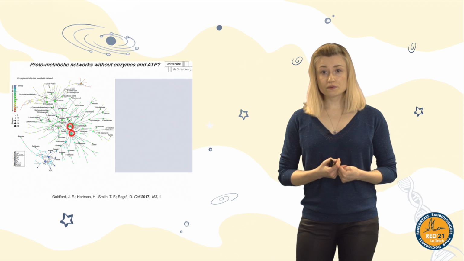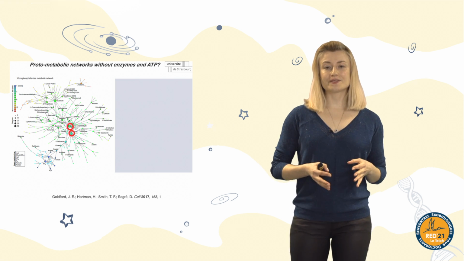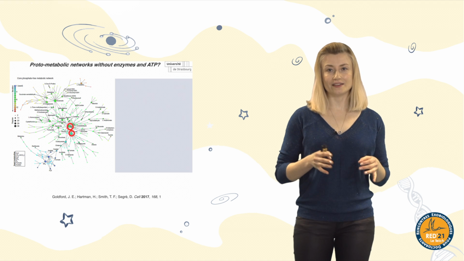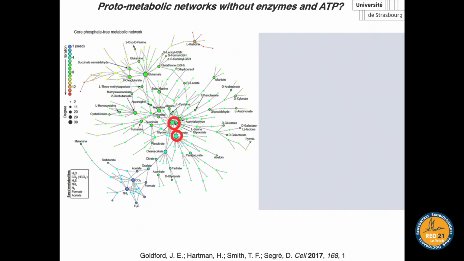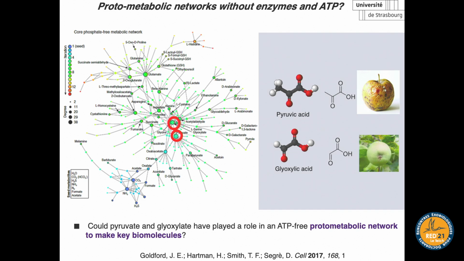So the two stations, or the two nodes that were the most well connected in this metabolism that didn't depend on ATP, were two compounds. And these are these compounds, pyruvate and glyoxylate. Nowadays we can find them, for example, in apples. They're very abundant.